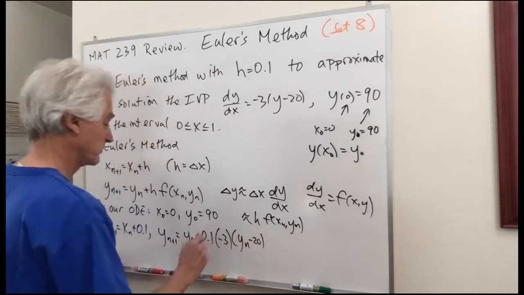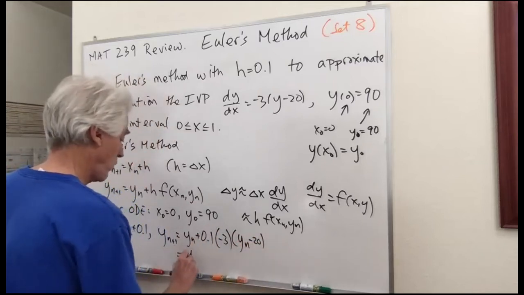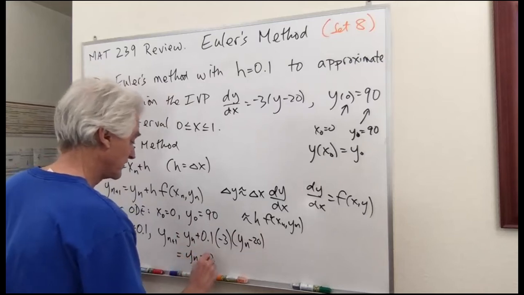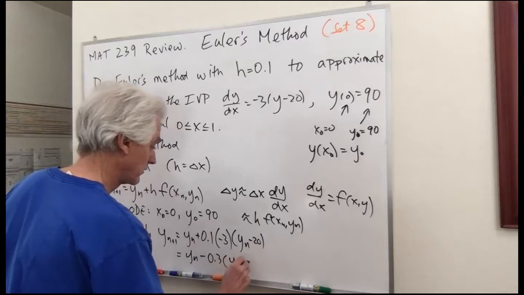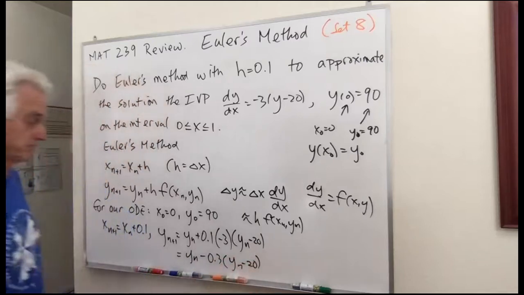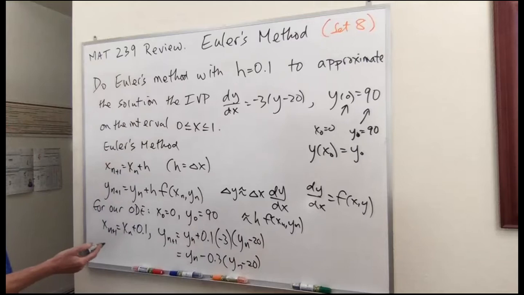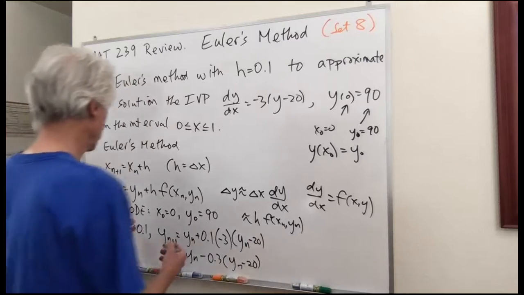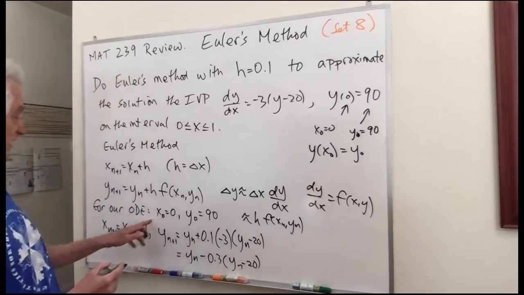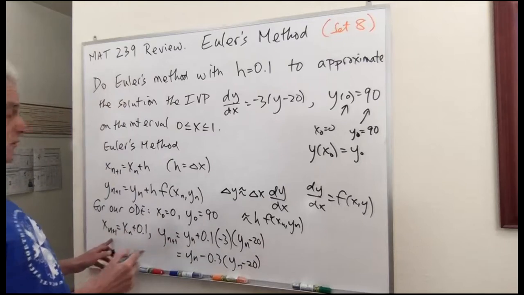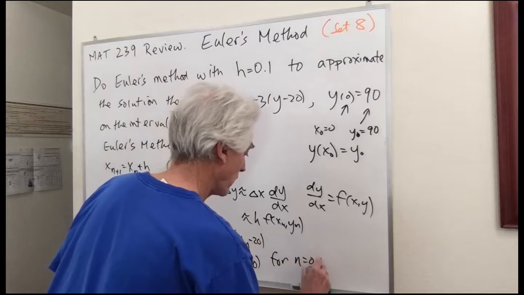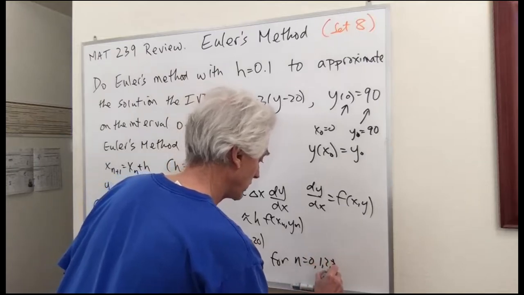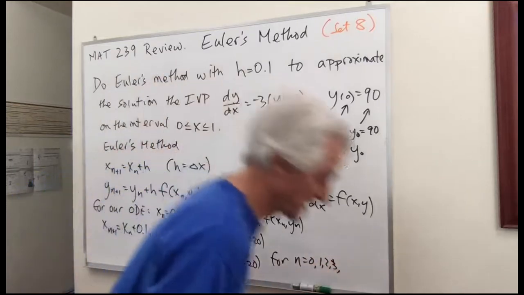So I might want to simplify that as yn minus 0.3 times (yn minus 20), okay? So I just do that for n equals 0. The first one is n equals 0 to define x1. This is for n equals 0, 1, 2, 3, as far as until I'm satisfied.